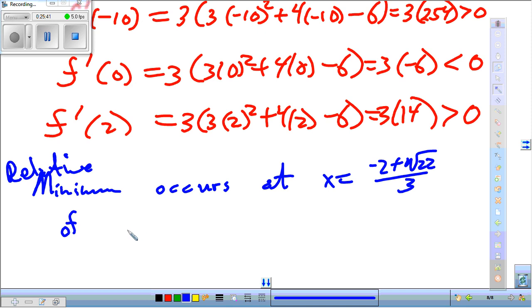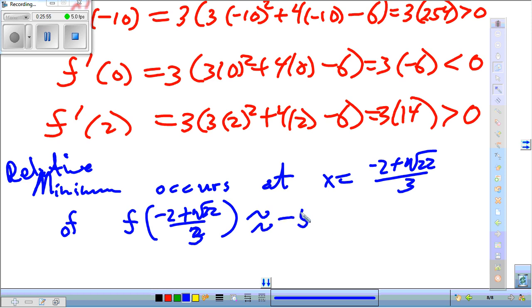And the minimum value is actually the height, or the functional value, at that x. So we would evaluate f at that. If I approximate that, minus 5.1531437.